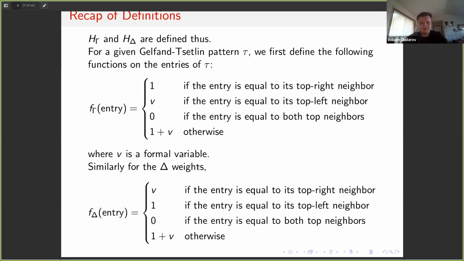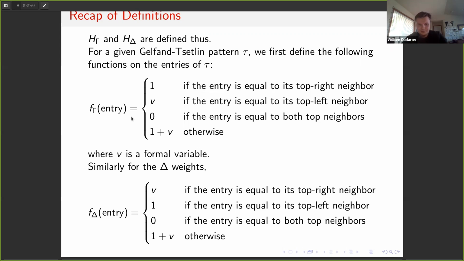We first define the following functions on the entries of tau. You take an entry, you apply f gamma, you get 1 if the entry is equal to its top right neighbor, v if it's equal to its top left neighbor, 0 if it's equal to both top neighbors, and v plus 1 or 1 plus v otherwise, where v is a formal variable.